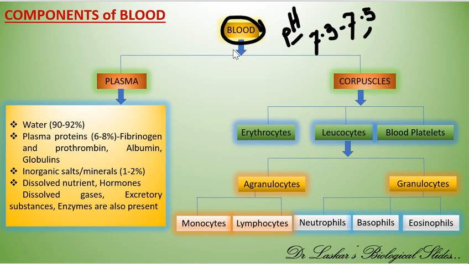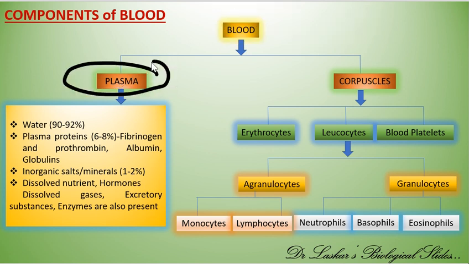Blood consists of a watery fluid, plasma, and blood cells or corpuscles.